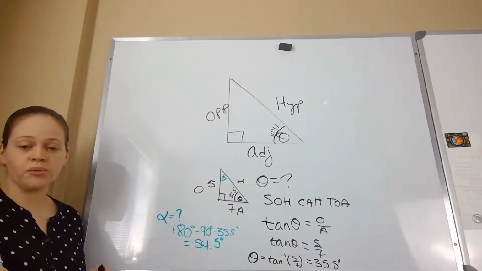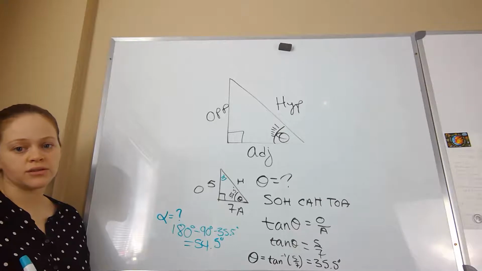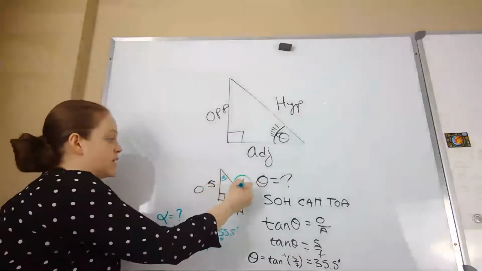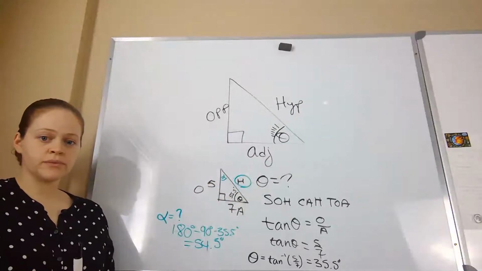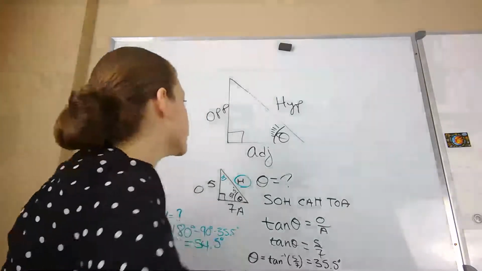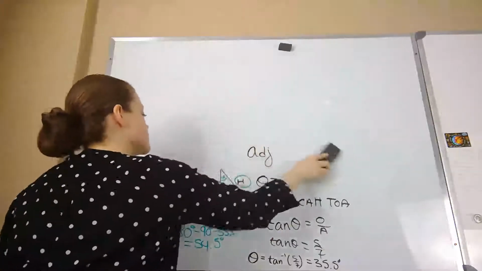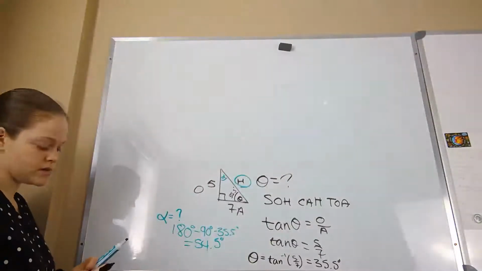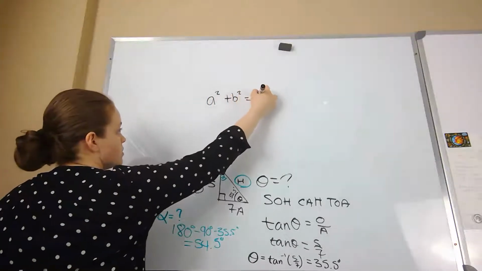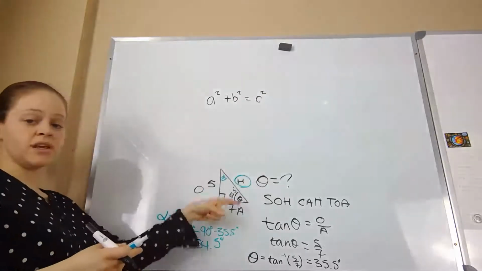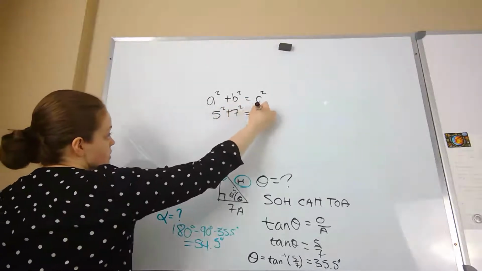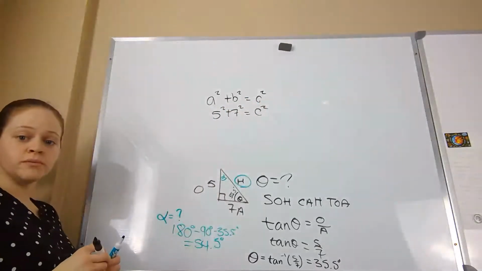Pythagorean theorem wouldn't help here because it doesn't use angles, but what Pythagorean could do is tell us what h is. So if we had to figure out what h was, let me just erase this top one here. We can say a squared plus b squared equals c squared. H being our hypotenuse, we can say 5 squared plus 7 squared is c squared, okay?